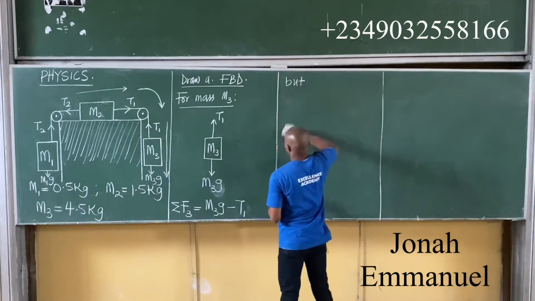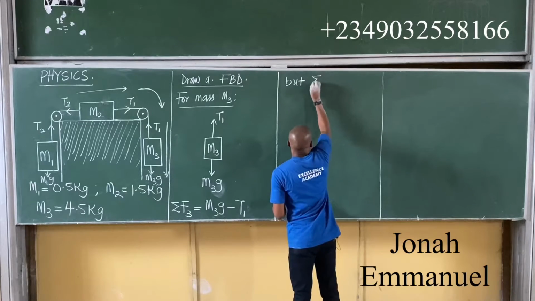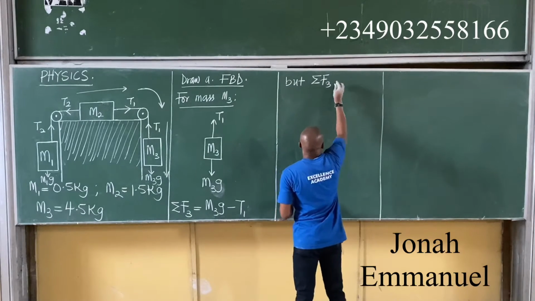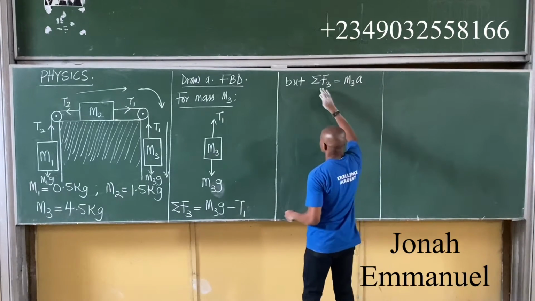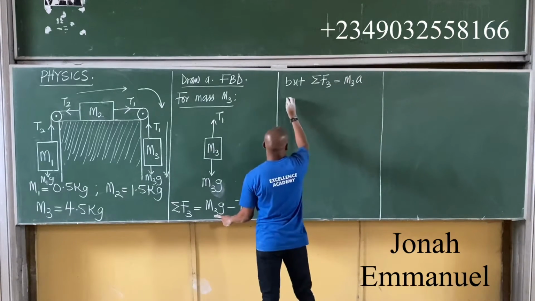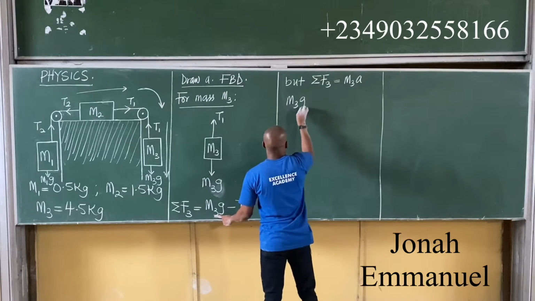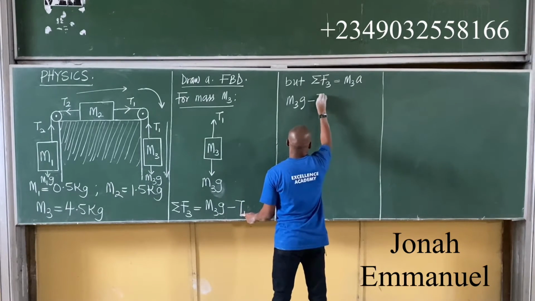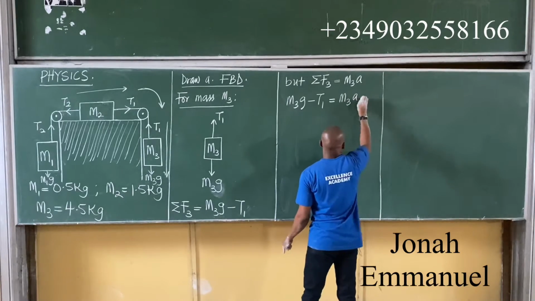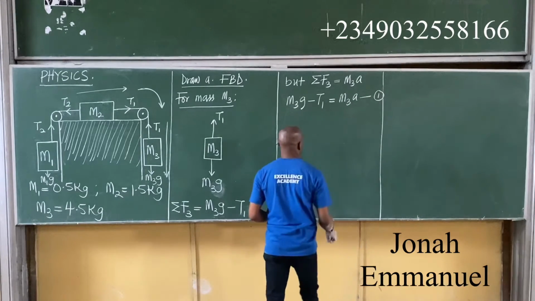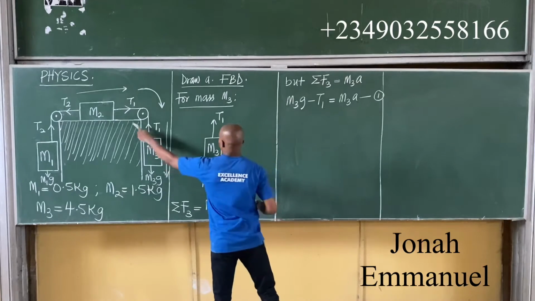But we know that the sum of F3 is equal to M3A. So M3G minus T1 is equal to M3A. Call this first equation. Let's talk about mass 2.